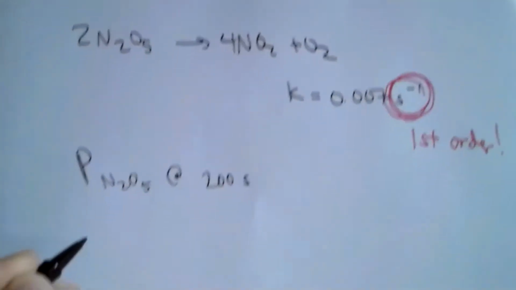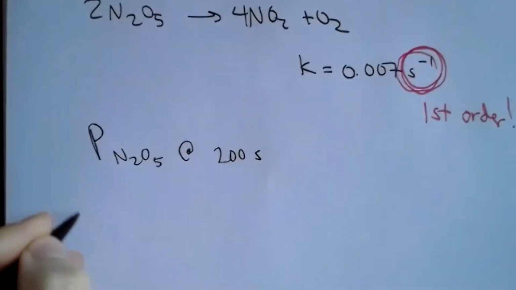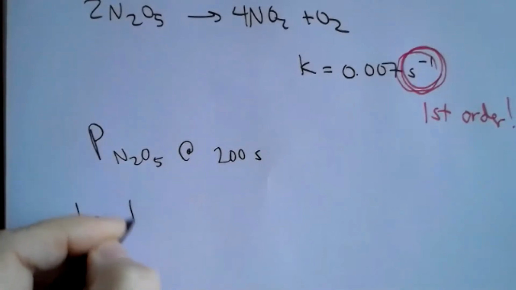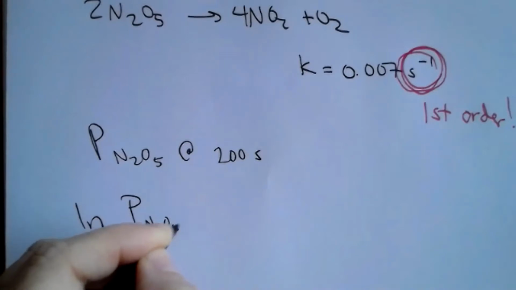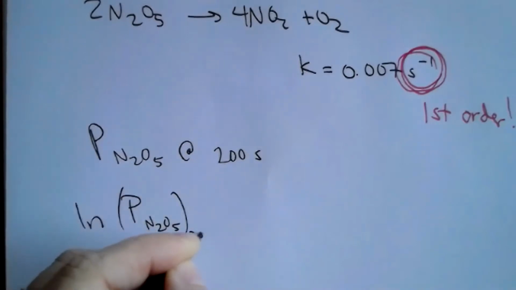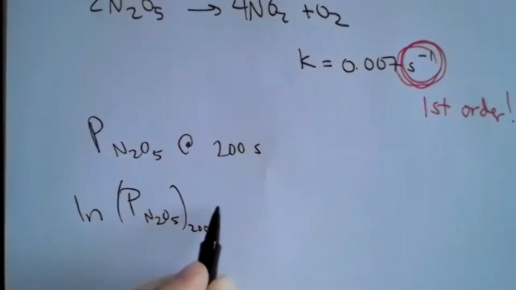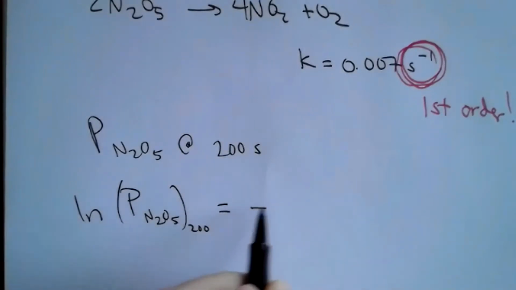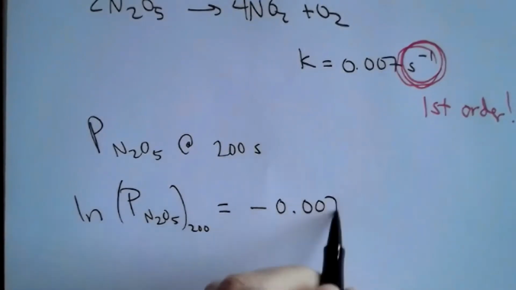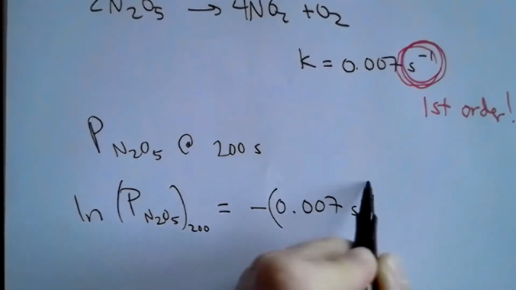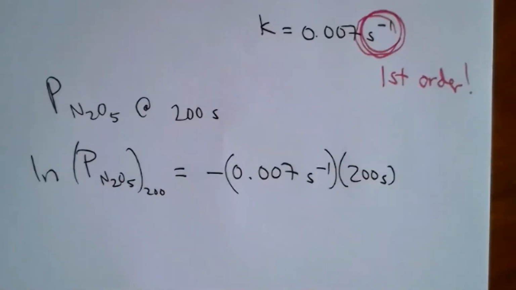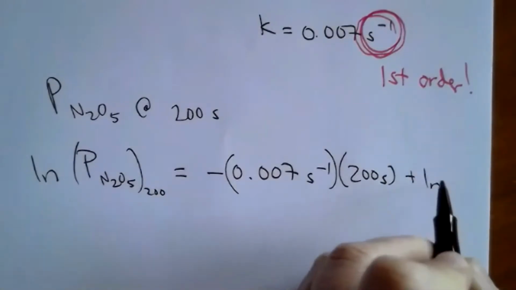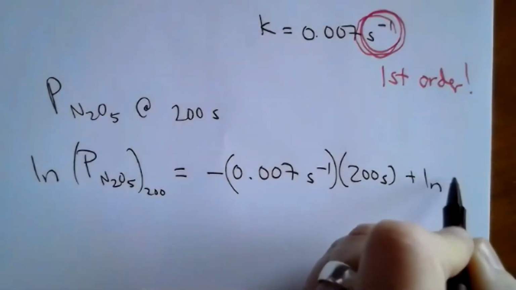Well, pressure and concentration are interchangeable, so the ln of the pressure at 200 seconds is equal to negative 0.007 times 200 seconds plus ln of 800 millimeters of mercury.